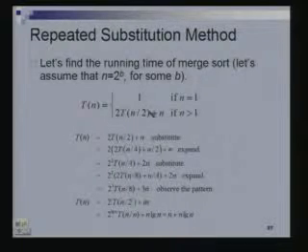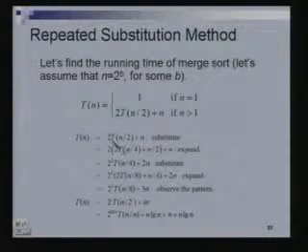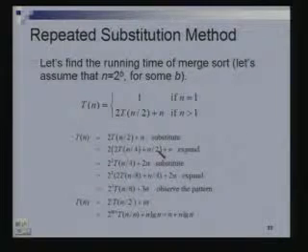So we are just going to adopt repeated substitution. I just keep writing over and over again and see what I get. T(n) equals 2 times T(n/2) plus n. So I have substituted once. Now I am replacing this T(n/2) with 2 times T(n/4) plus n by 2. Why n by 2?